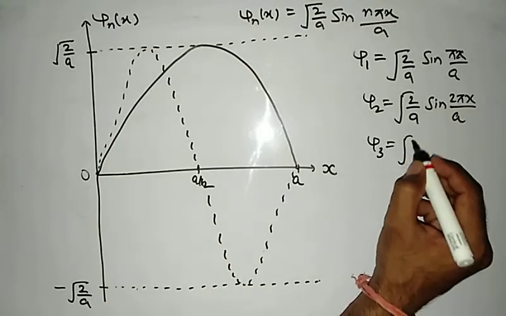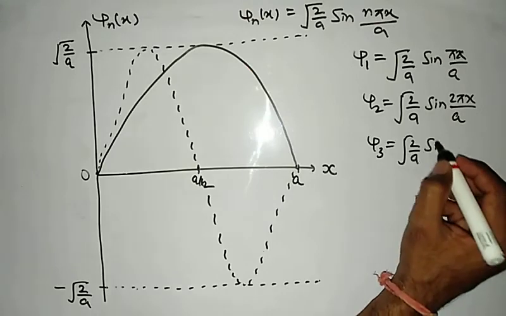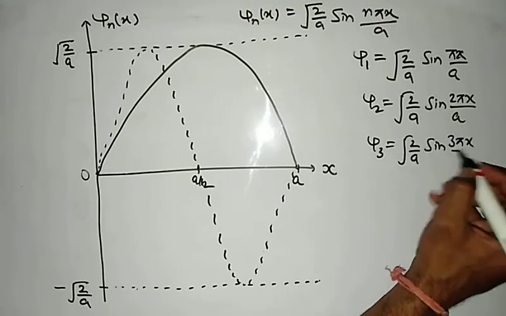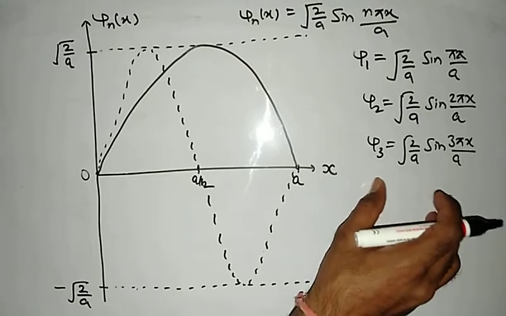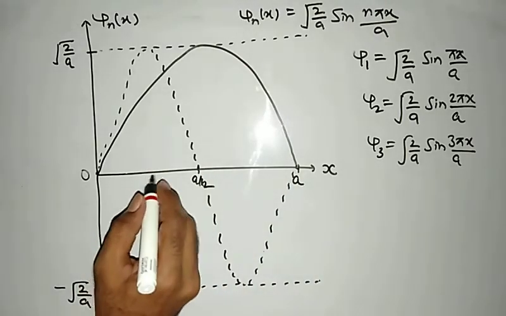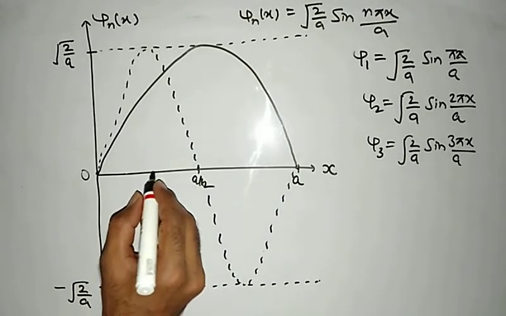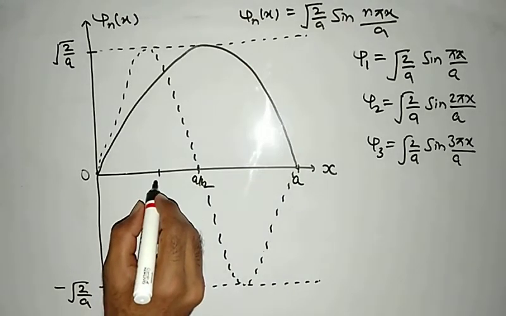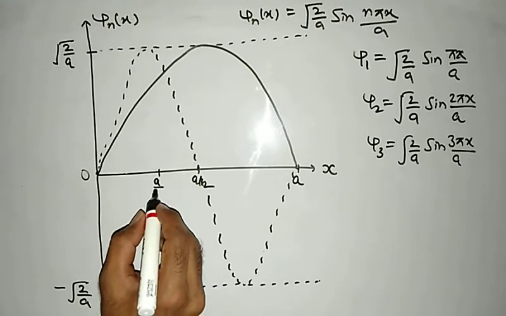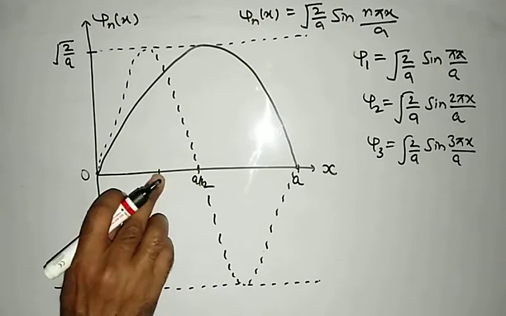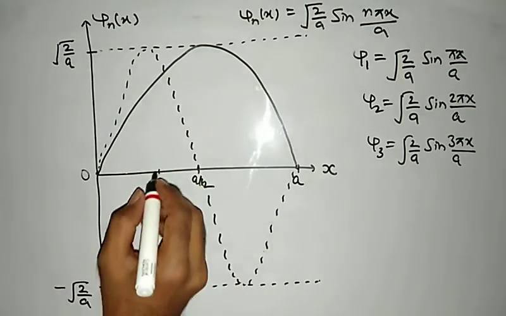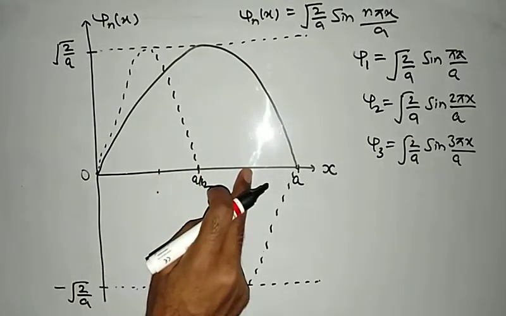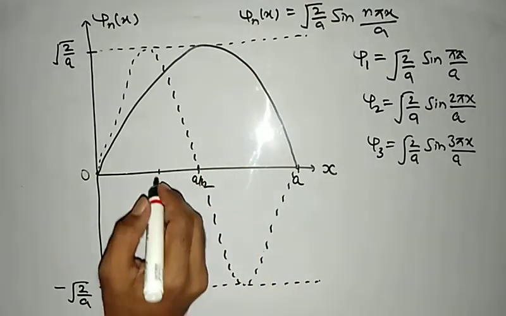Next for psi 3, under root 2 by a sin(3 pi x by a). Here we take three parts, a by 3, 2a by 3, 3a by 3.